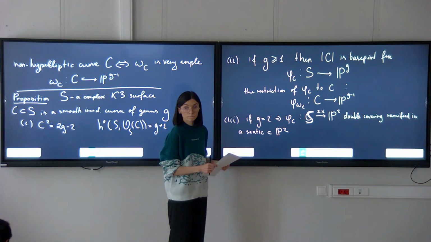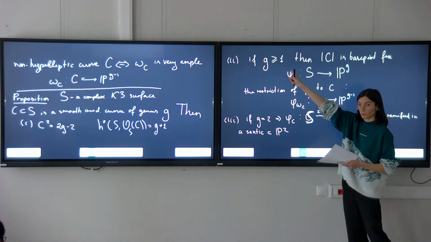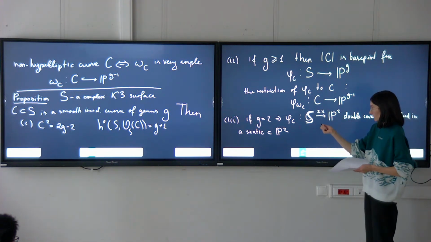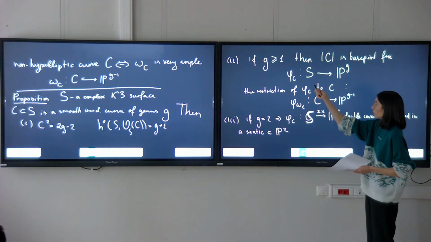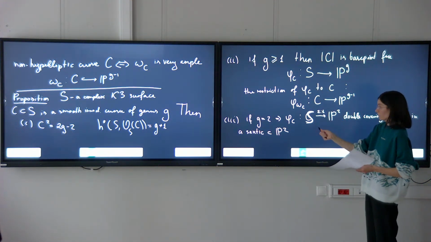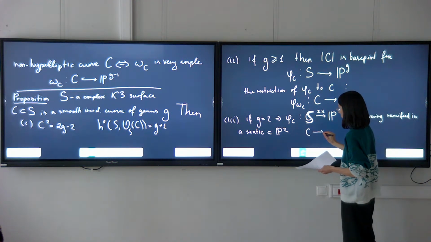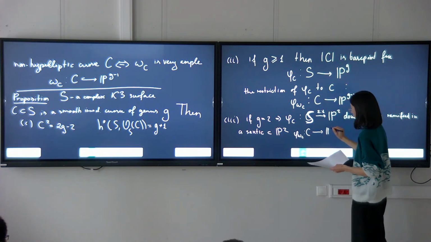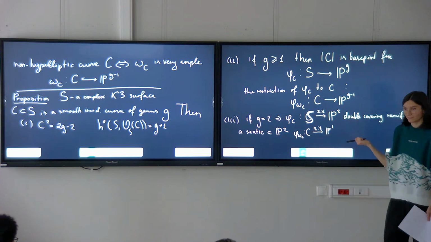But the restriction on C is again just the canonical map. And we will obtain that this is in fact a double covering from the restriction to C. We know that when we restrict to C, we obtain a double covering of P1 that is ramified in how many points?